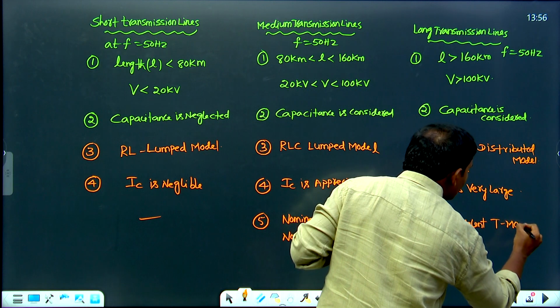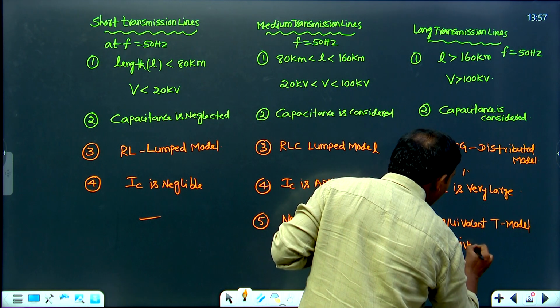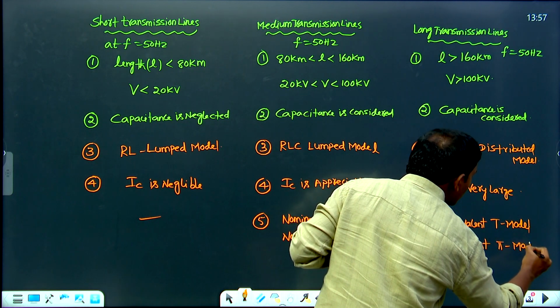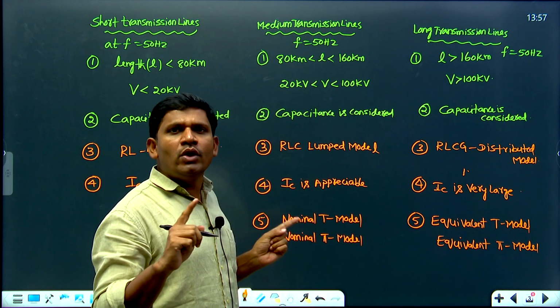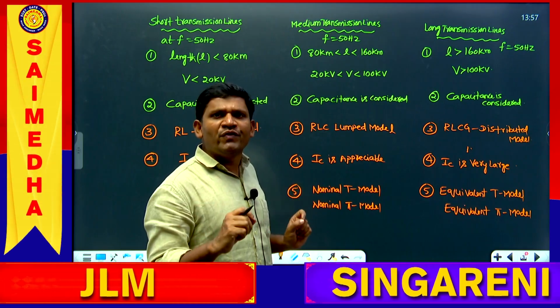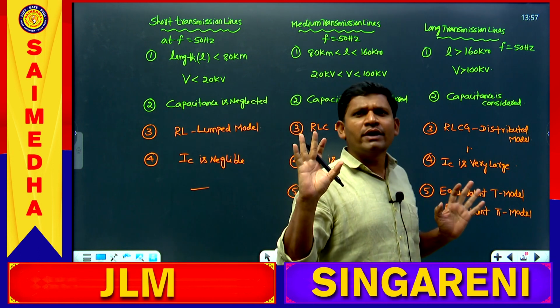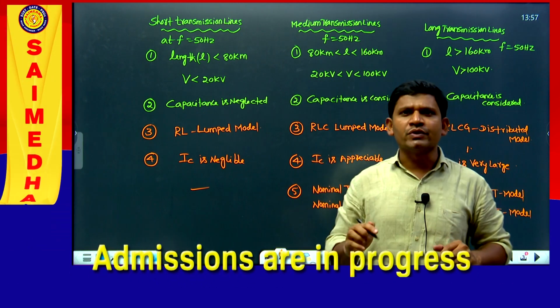Another one is the equivalent pi model, students. For the analysis of a long transmission line, we have to use the equivalent T model and the equivalent pi model. But point to remember, students: in the T model and pi model, which is more preferable? The pi model is more preferable. Okay, this is a very important observation. Surely we can expect one question based on this observation, students.